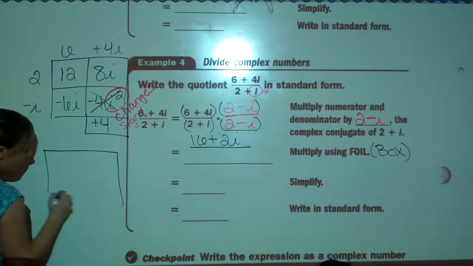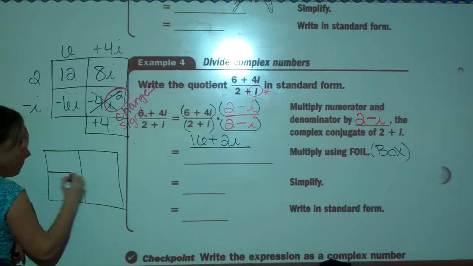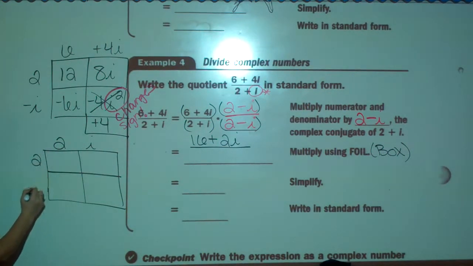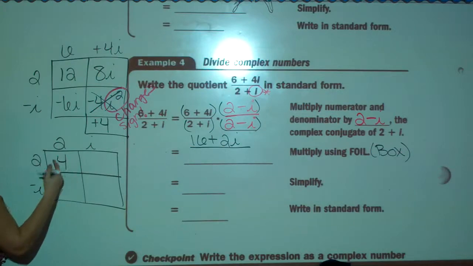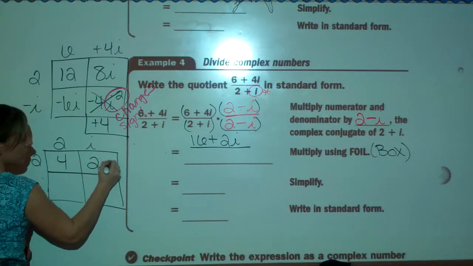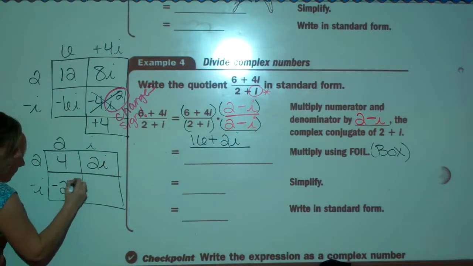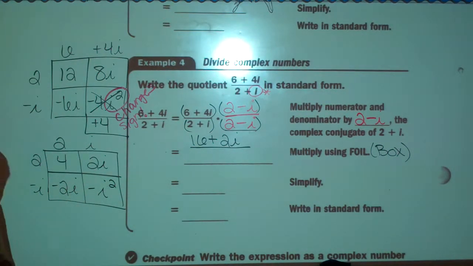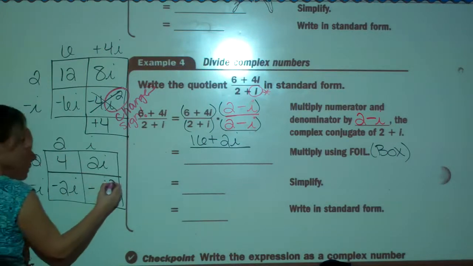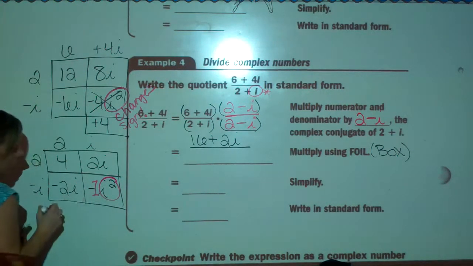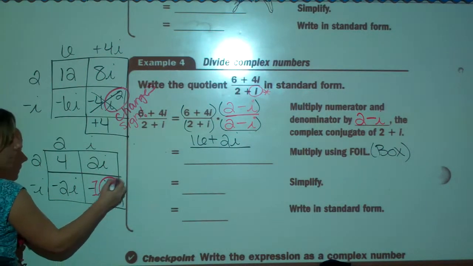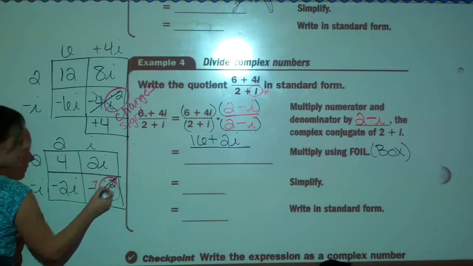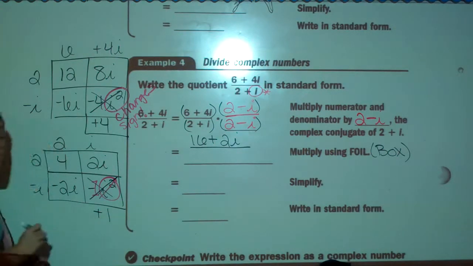The denominator we also need to box or FOIL, and we get 2 and I, 2 and minus I. So when I multiply, I get 4, 2I, negative 2I, and negative I squared. Once again, this changes the sign. We'll think of that as a 1. So if this is a negative 1 and that changes its sign, that's going to change this to a plus 1 instead.